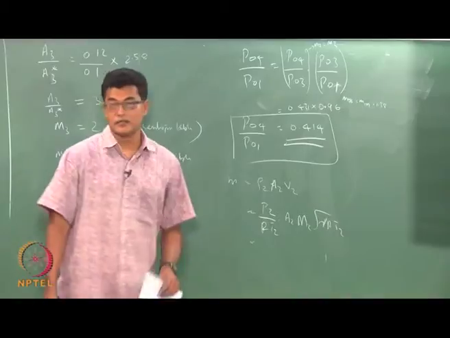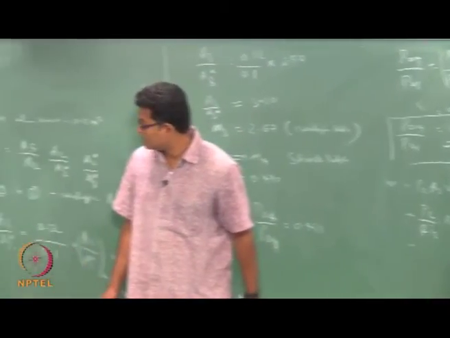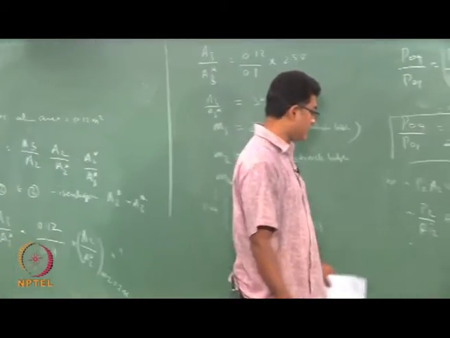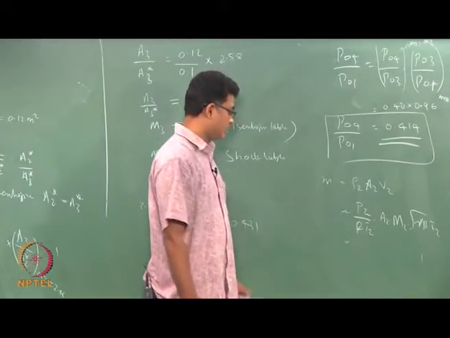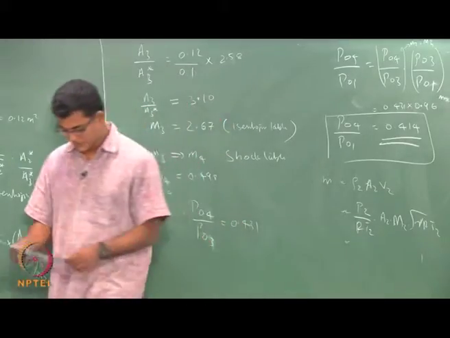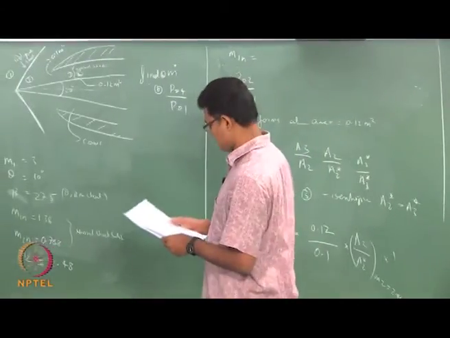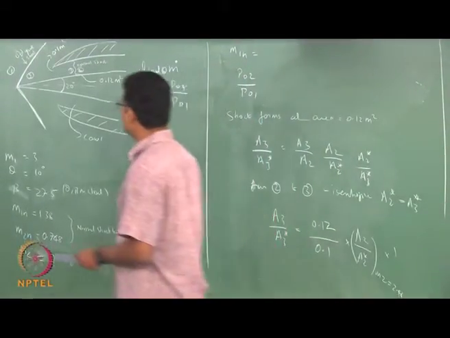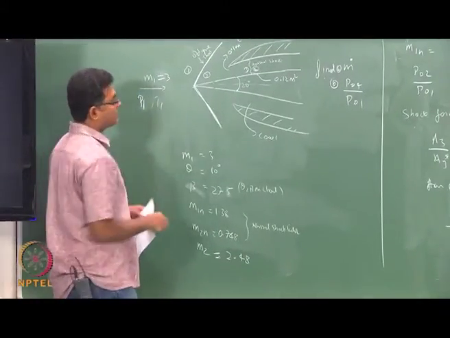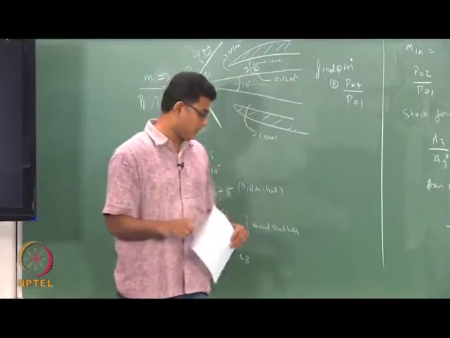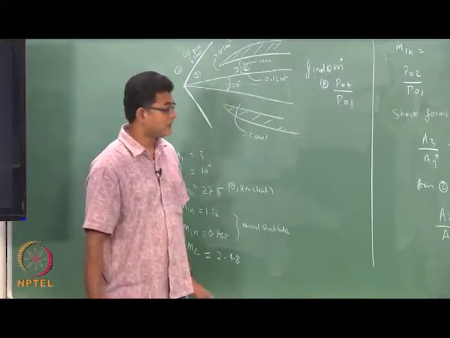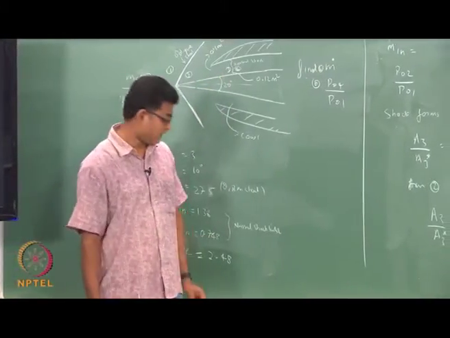So, T is given. You have to know T to get the values. If you know your T2 you can get your m dot. So, along with the inlet Mach number, if I give my P1 and T1, I can compute the final pressure and temperature and also the m dot that is going through the cowl.